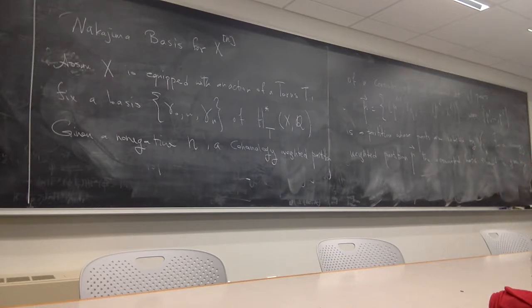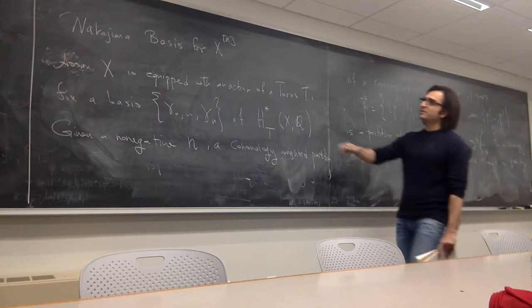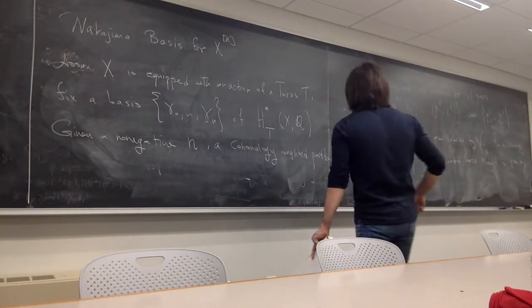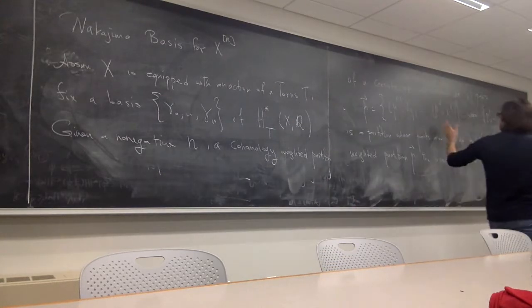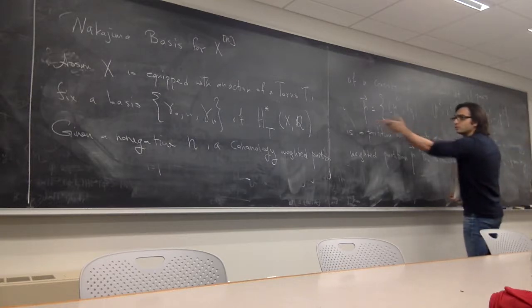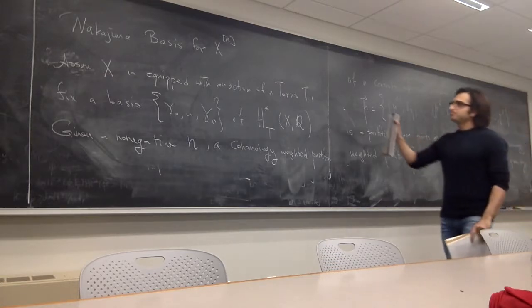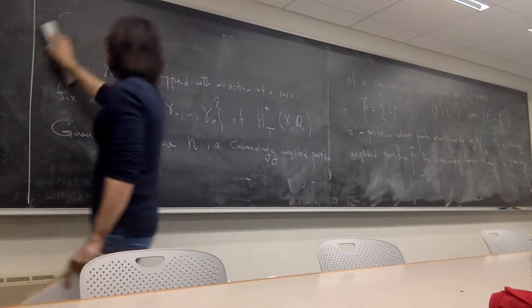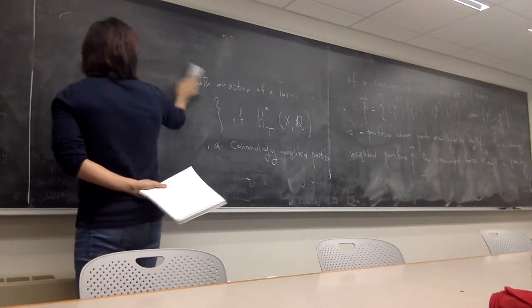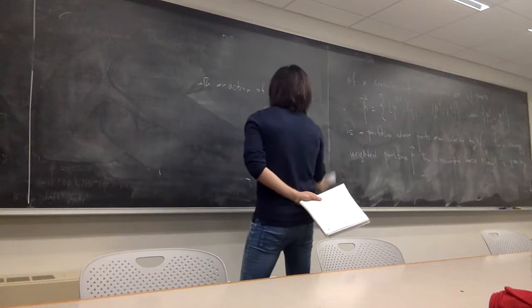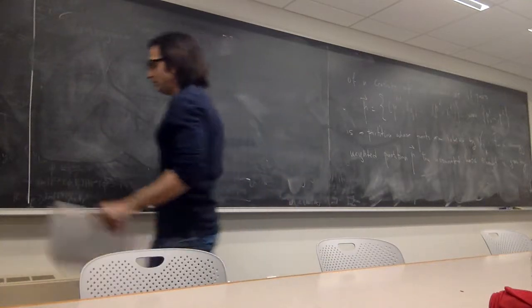So now we are interested in defining certain basis elements for the equivariant cohomology of the Hilbert scheme of points. So every time that you give me a cohomology weighted partition like this, that defines a certain basis element in that cohomology, and that's basically given as follows. This is the Nakajima basis element for the equivariant cohomology of the Hilbert scheme.